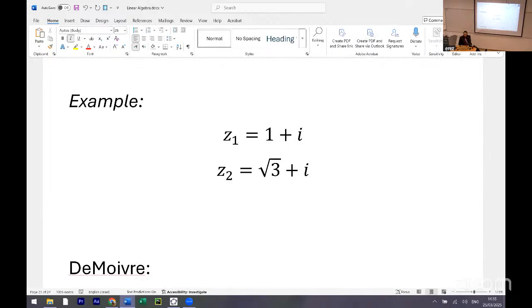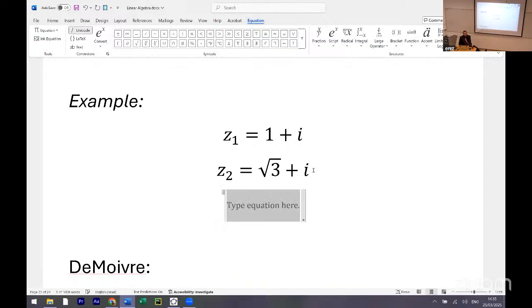The reason I also switched places with the Moivre law is because I actually want to spend some time with this example to show you a few things. I wish to calculate Z1 times Z2. I will do it twice, once in the algebraic notation and once in the geometric notation. It will also help us remember how to convert from one version to the other, and show that these are the same complex numbers. These are different points of view of the same system.